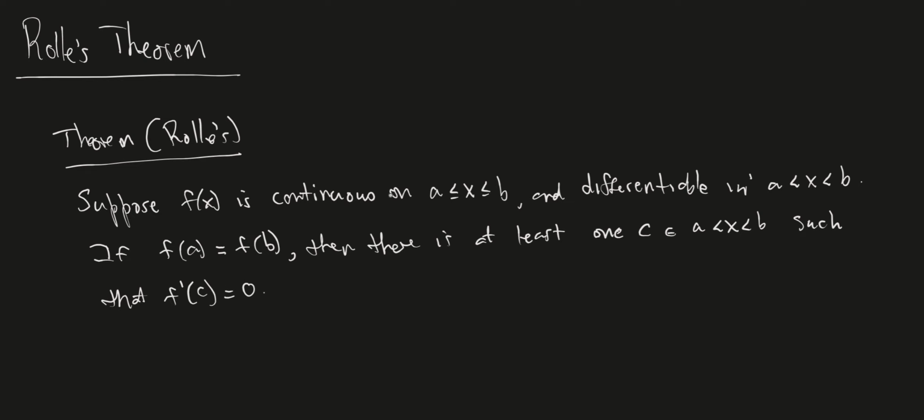So if the function is continuous on the closed interval, differentiable in the open interval, and the function values at the endpoints are equal, then somewhere inside the function has to have a stationary value. There has to be at least one point where the derivative is equal to 0. There could be many more, but there has to be at least one.